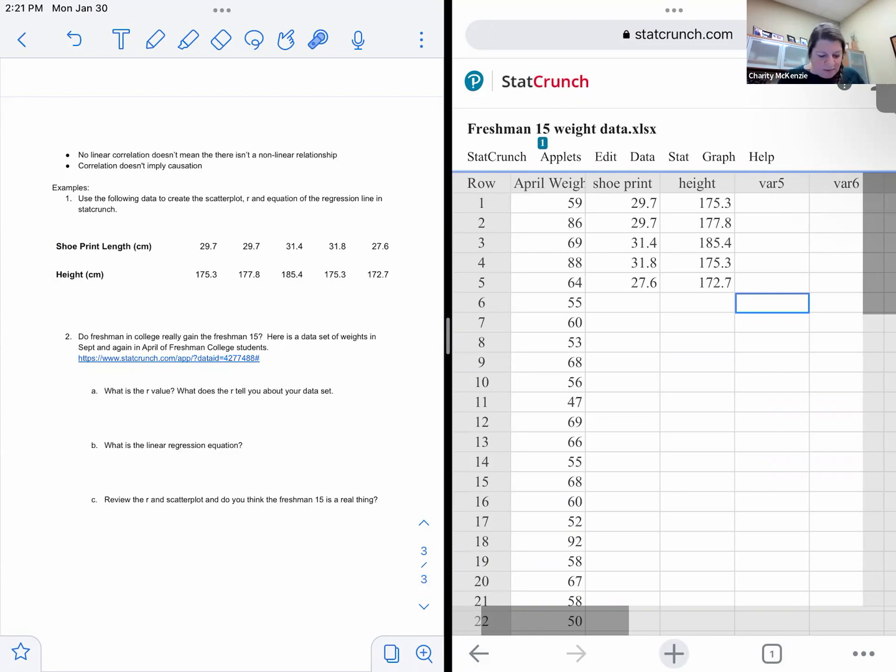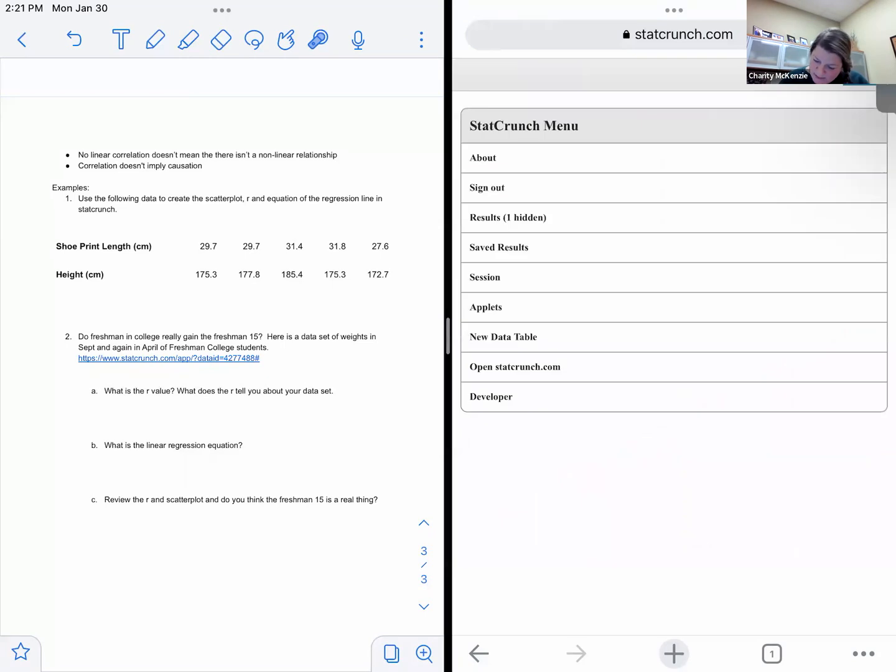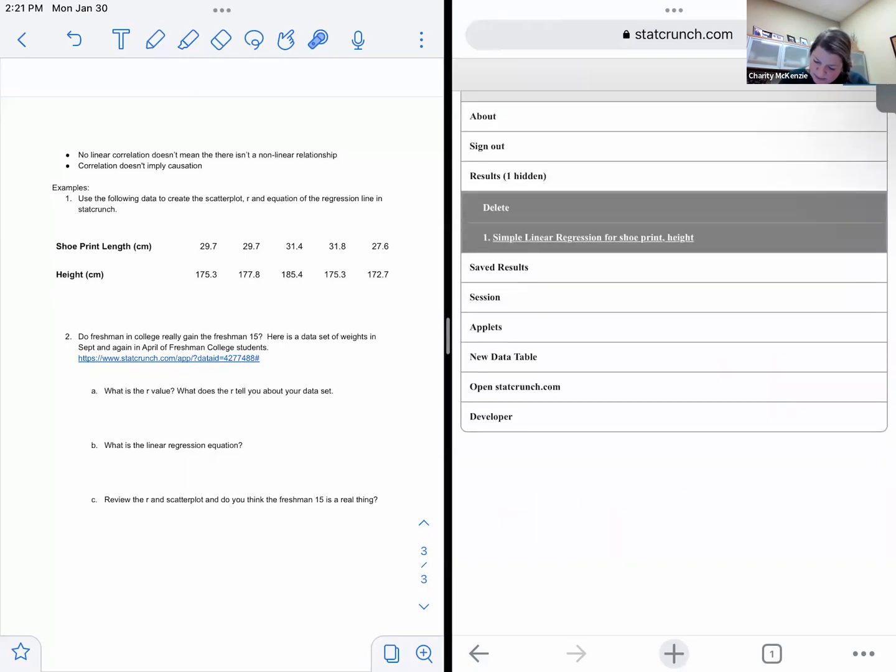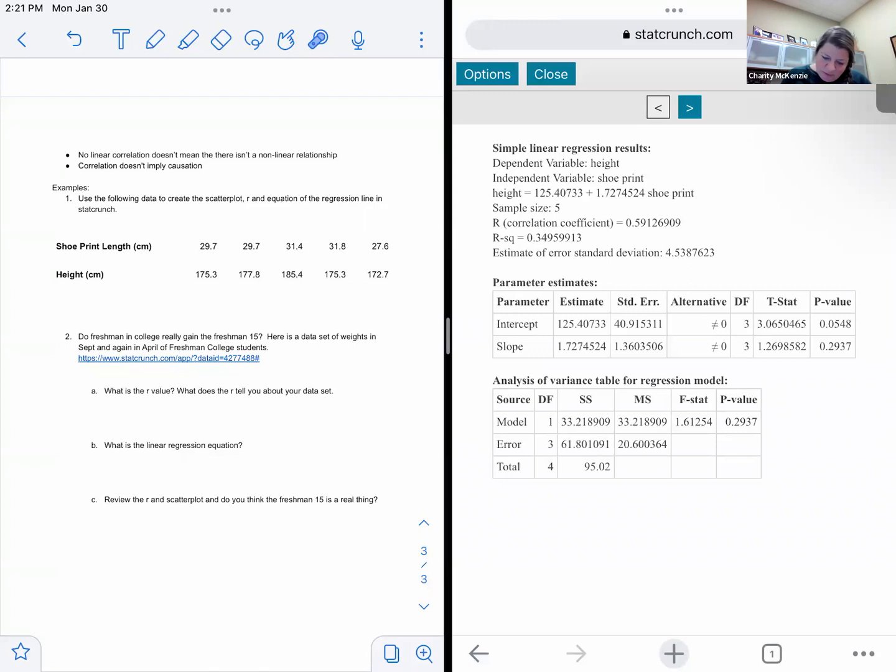Okay, so I'm gonna look over here. It says use the following to find the R. What was the R on that one? I closed it. There's my results, simple linear. So over here, I'm going to type my R was 0.5913.